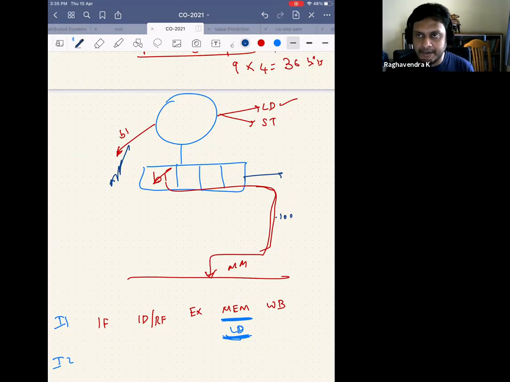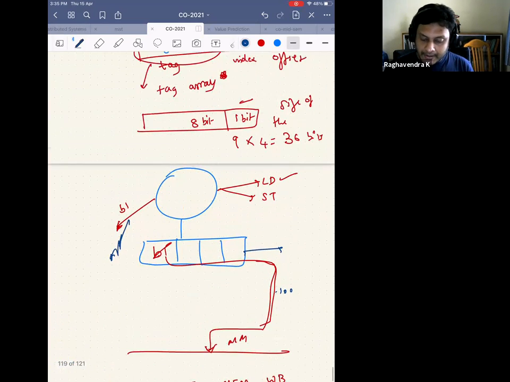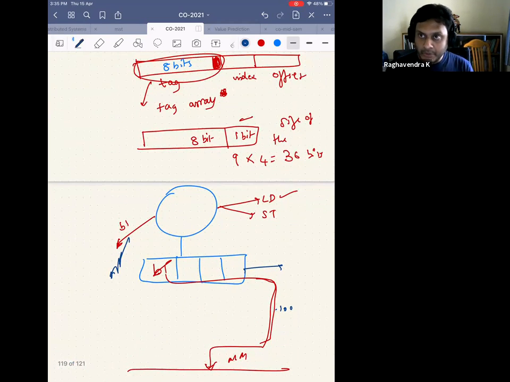But anyway, we'll be seeing it in detail later as we go ahead in the course. But I hope at least you got an idea. The only thing that you have to keep in mind is loads are in the critical path of execution. Stores are not in the critical path of execution. This is one of the reasons that people have tried to optimize stores as much as possible, to such an extent that it has become a headache.